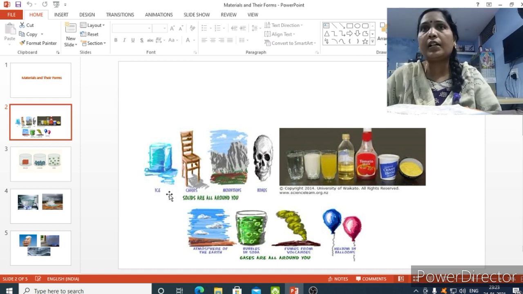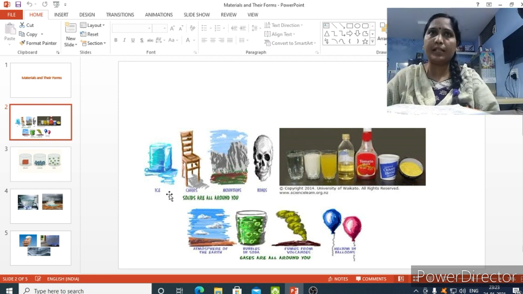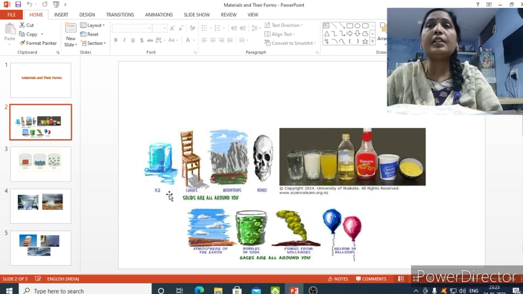In the notebook, as a part of the activity, you wrote the names of solids, liquids and gases. But here in this worksheet, he has given you some materials, and you need to identify them.